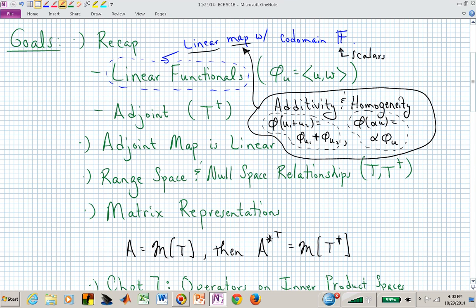It's not really an inverse, but it's something similar. Let's say T is a linear map from V to W; T dagger, the adjoint of T, is a map from W to V.